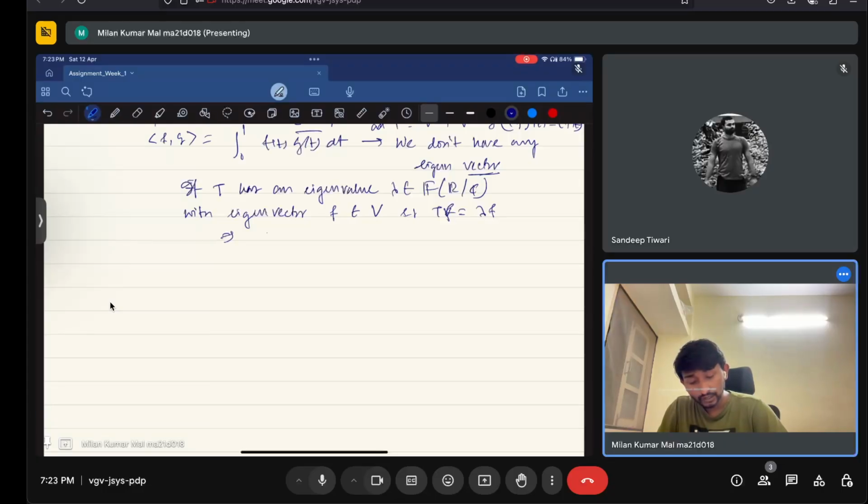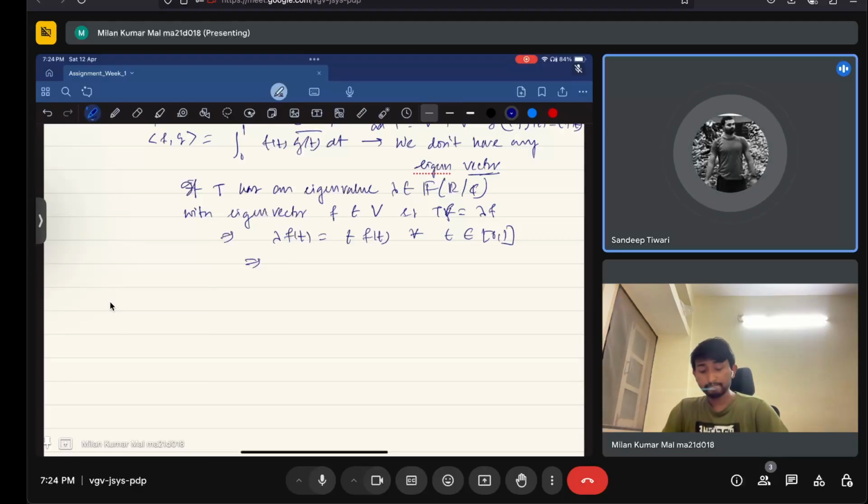We have that lambda f(t) equals (Tf)(t) for all t belonging to 0 to 1. That implies that t equals lambda.